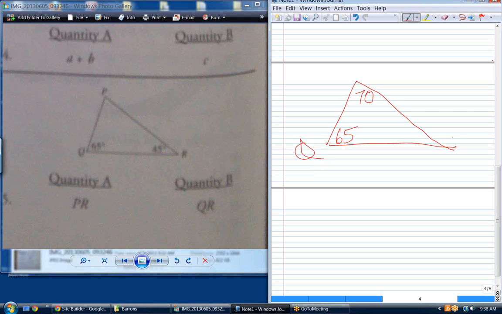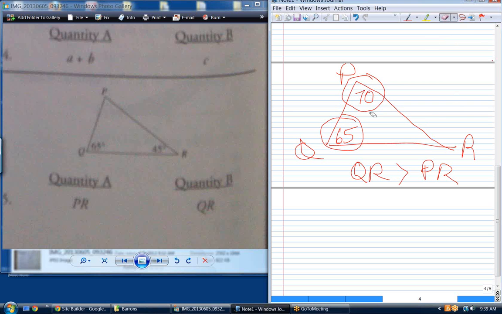So which one is larger? PR. The side opposite the largest angle is always the largest side. In other words, QR is going to be greater than PR because angle P, the angle opposite QR, is larger than angle Q, the angle opposite PR.